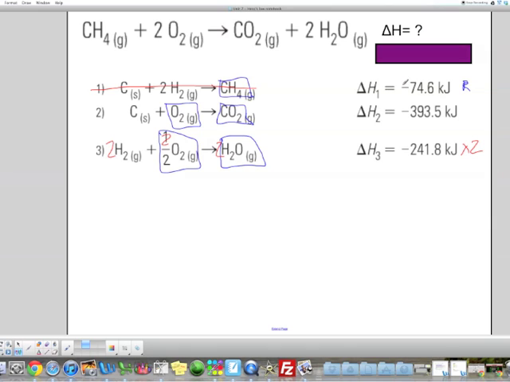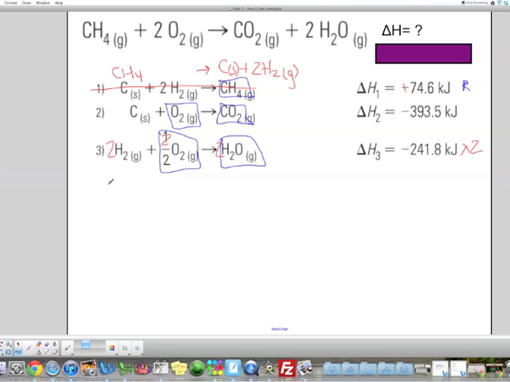So this is going to become positive, and this is going to become CH4, arrow, C solid, plus 2H2 gas.